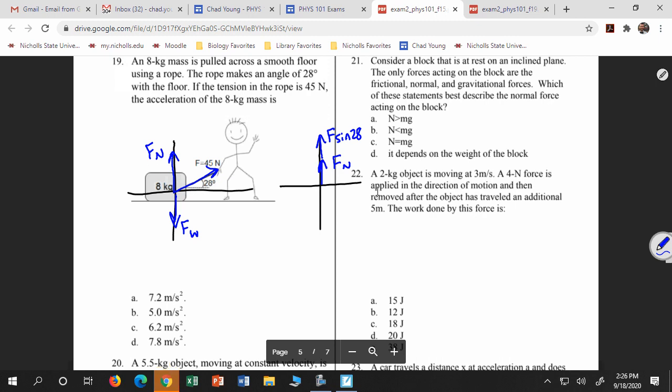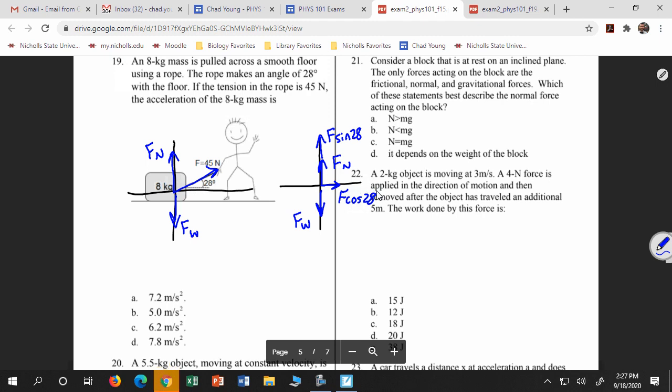So remember, taking 90 minus the angle is only for the inclined plane. This is F cosine of 28. And then I have my weight, Fw. Now I want to know, what is the acceleration?